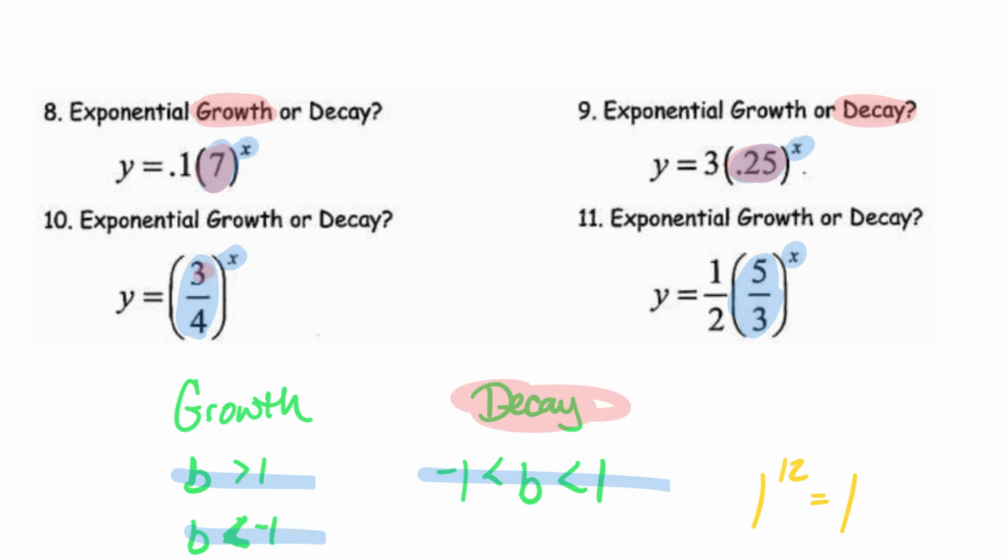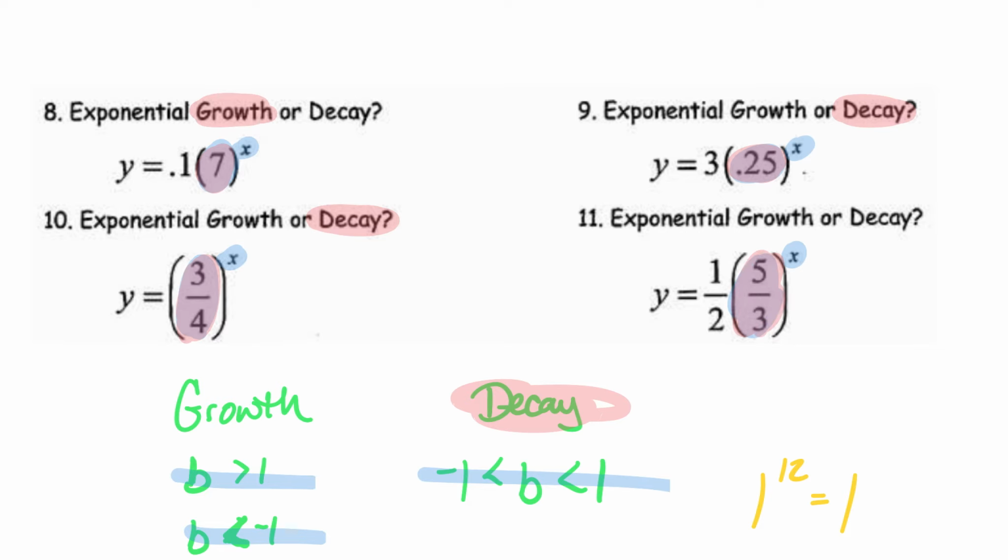Moving to example 10, 3/4. 3/4 as a decimal is 0.75. That is a value that is between -1 and 1. So this is another example of decay. And then the last one, this is why we stay away from saying a fraction, because 5/3 is a fraction.